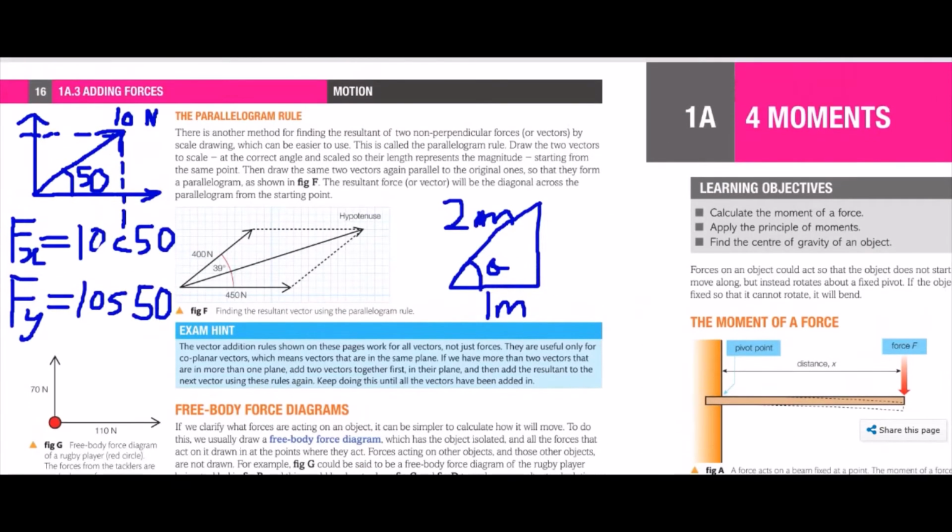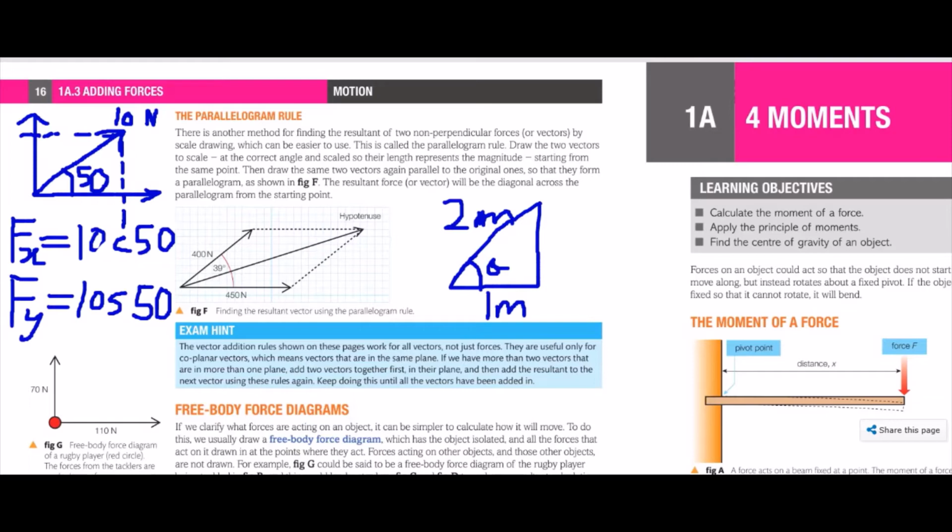This technique is suitable because even if you have five forces or 10 forces, the technique is the same. You just resolve all of them into x components and y components, add all the x components together and all the y components together. You will end up with two values, two forces which are perpendicular to each other, apply Pythagoras theorem, and that's it.